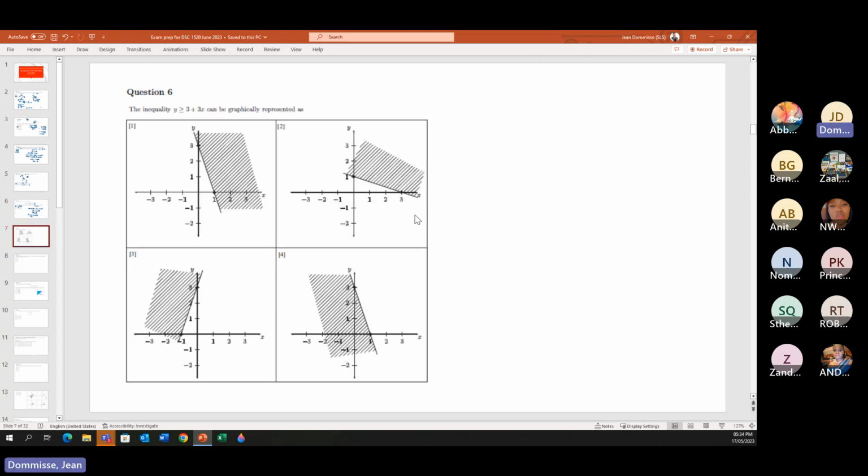Then suddenly they throw in a linear equation that is also looking as an inequality. Okay, so now we need to change this again a bit. So let's just look at what they give us. They give us y bigger or equal to 3 plus 3x.